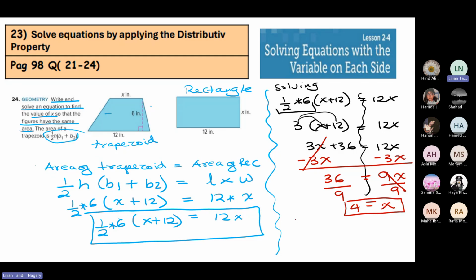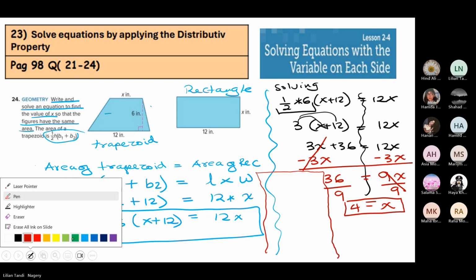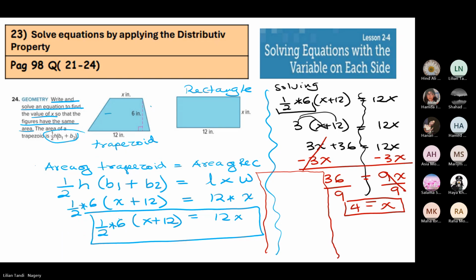Now let us check. Do I have space for checking? I will try and check over here. I wrote too big. I will check over here. Let me use a different color. Let me use green. So I will use this Kanun. So right here, half multiply 6, 4 plus 12 equals 12 times 4.